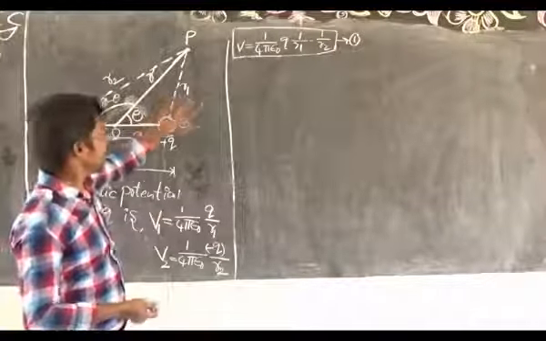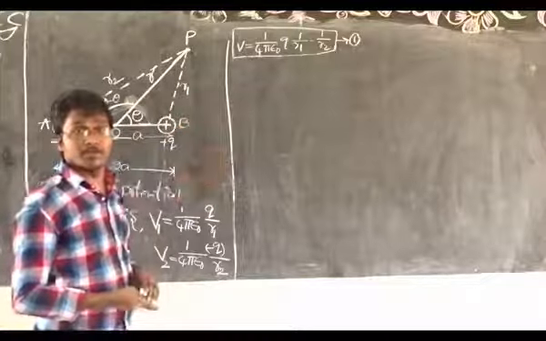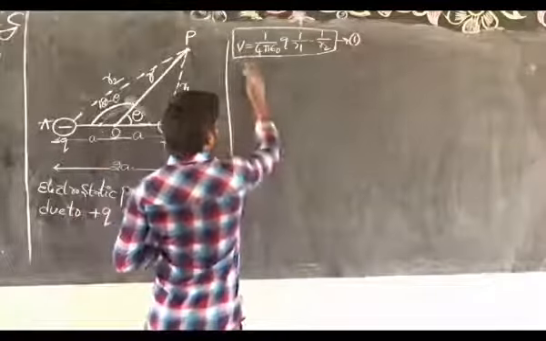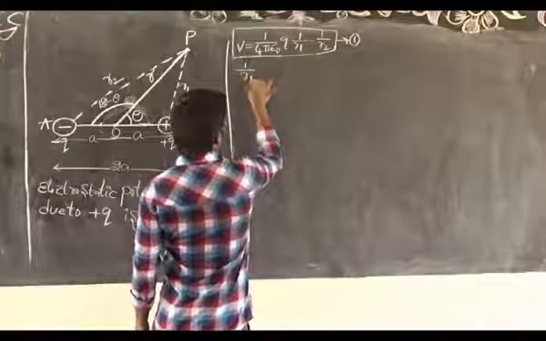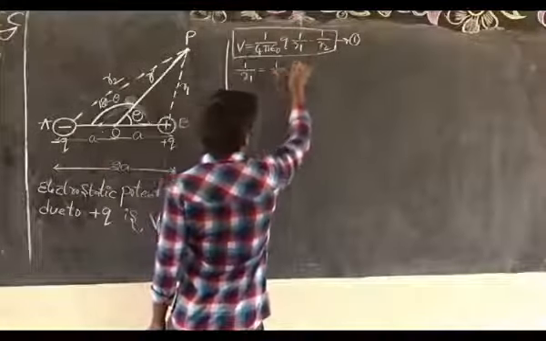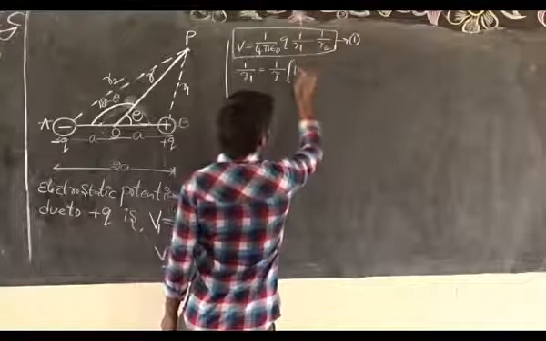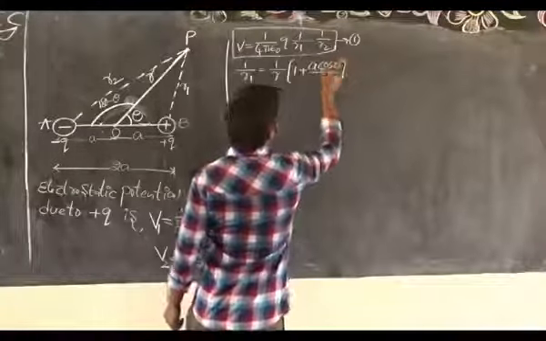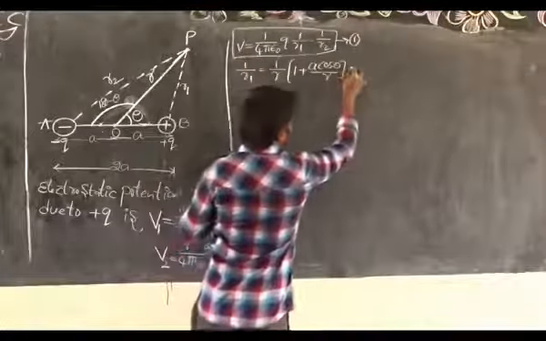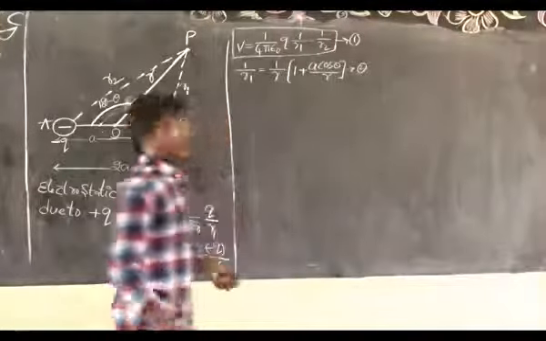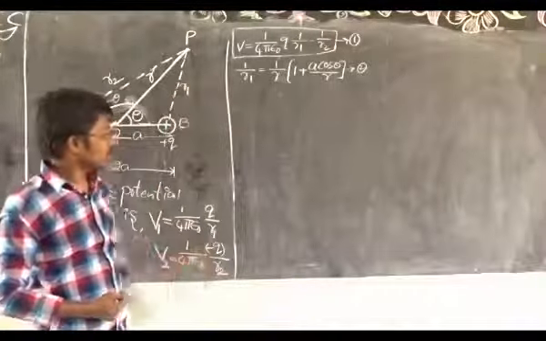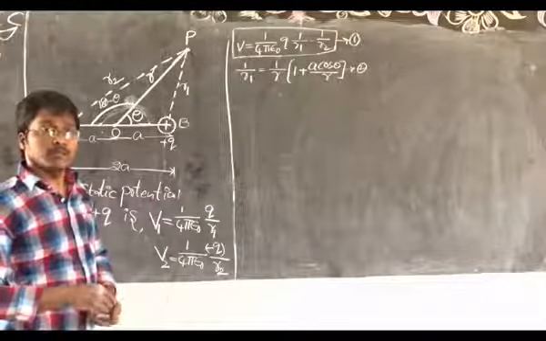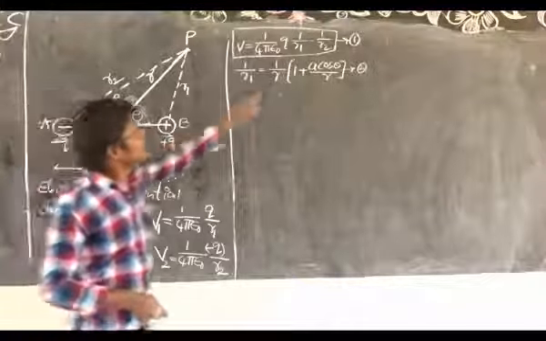First we applied in this triangle and found the 1 by R1 value: 1 by R1 is equal to 1 by R into 1 plus a cos theta by R. Now we are going to find 1 by R2.